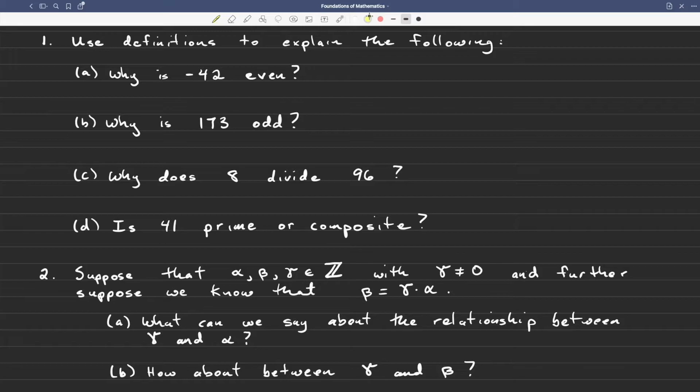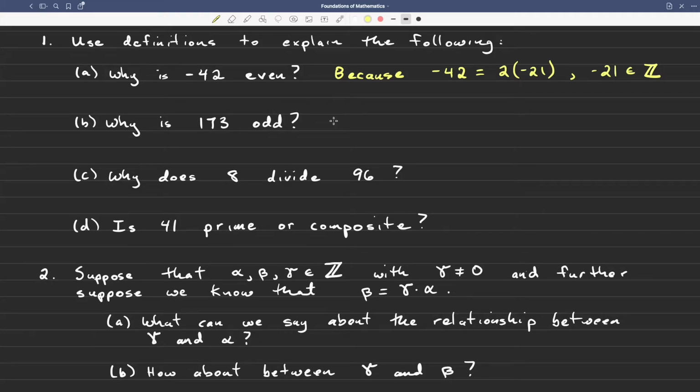All right, welcome back. So for part A, why is negative 42 even? Well, it's because we can factor a 2 out of negative 42 and express negative 42 as 2 times negative 21. And we'll note that negative 21 is an integer. Whatever number is multiplied by 2 has to be an integer, right?